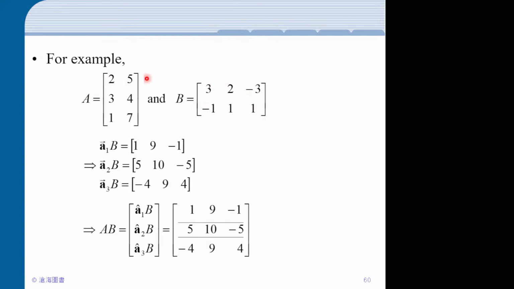Let's check one number: 2 times 3 and 5 times minus 1, so 6 minus 5. Okay, you can kind of see. So 2 will multiply on all those 3 numbers, and 5 will multiply on all those 3 numbers, and together they become this. Okay.